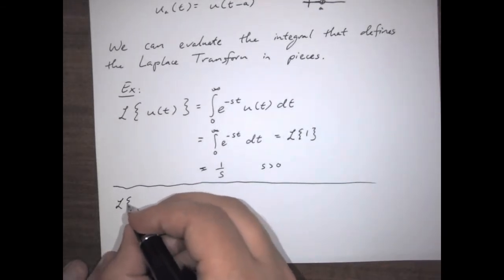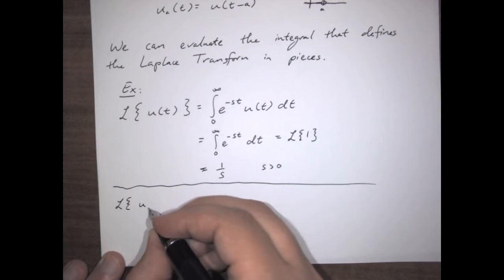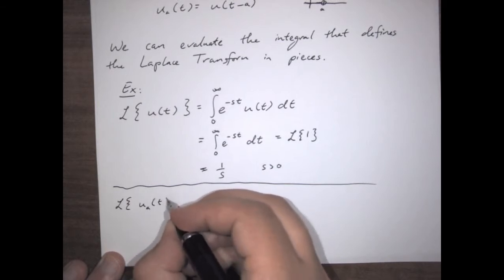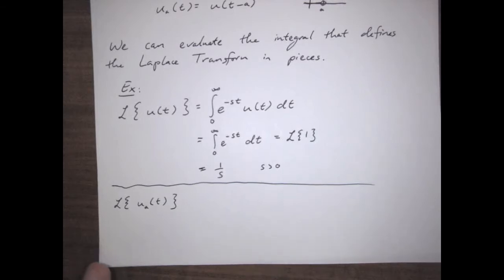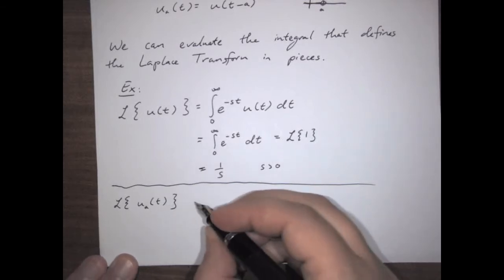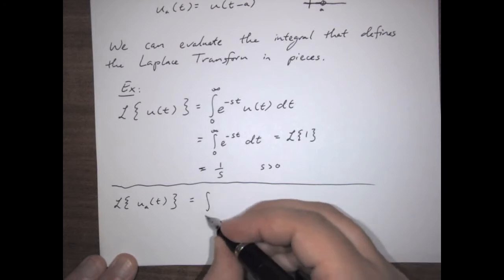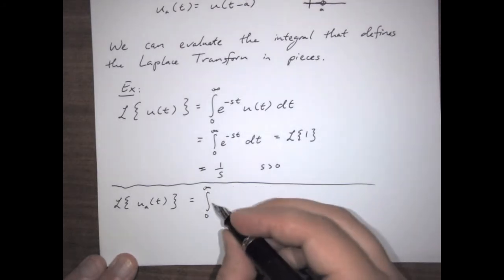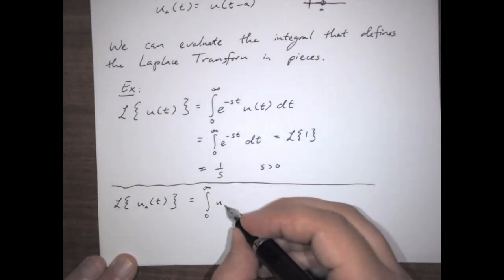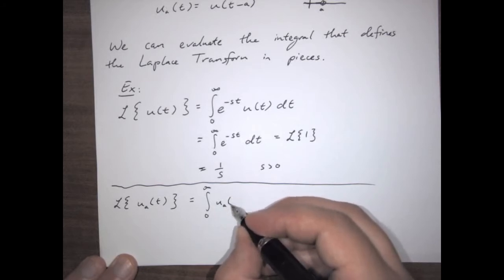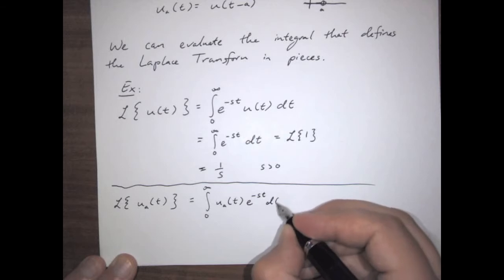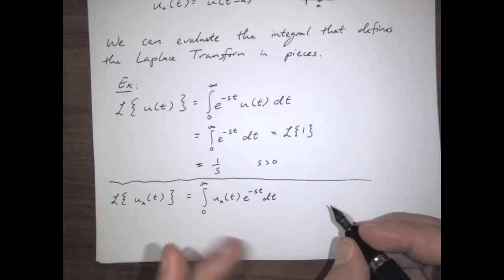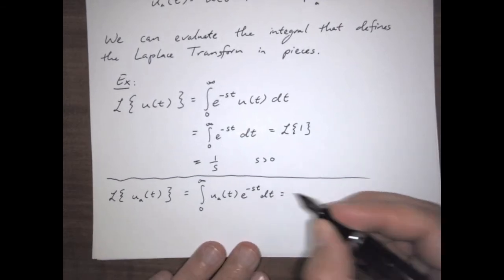Now, if we want to do the Laplace transform of u shifted, so the Heaviside function shifted to the right by a units, then what we'd be talking about is the integral still 0 to infinity of u sub a of t e to the minus st dt, and it doesn't matter which order I write these in, it's all the same.